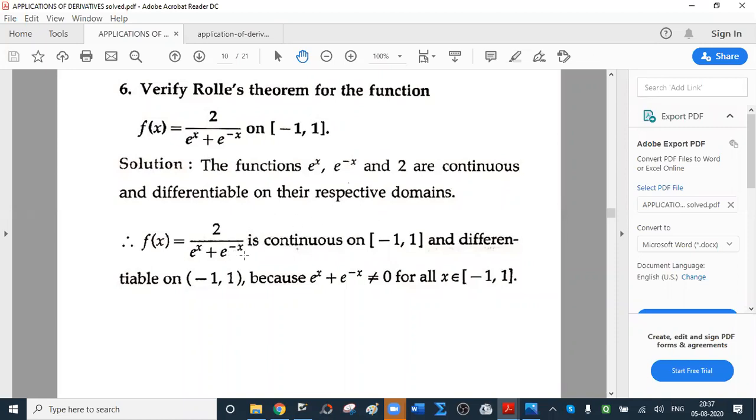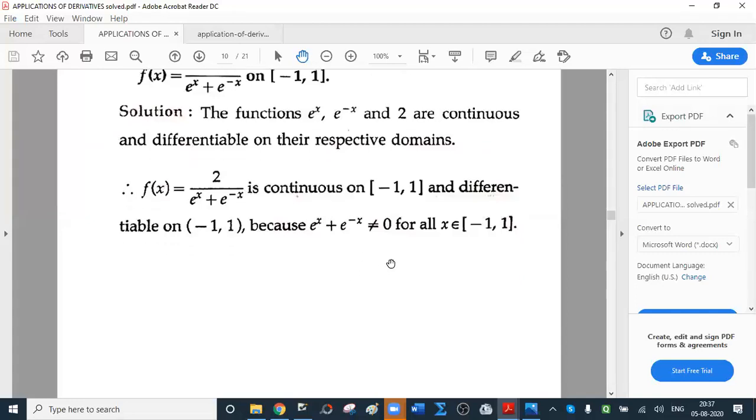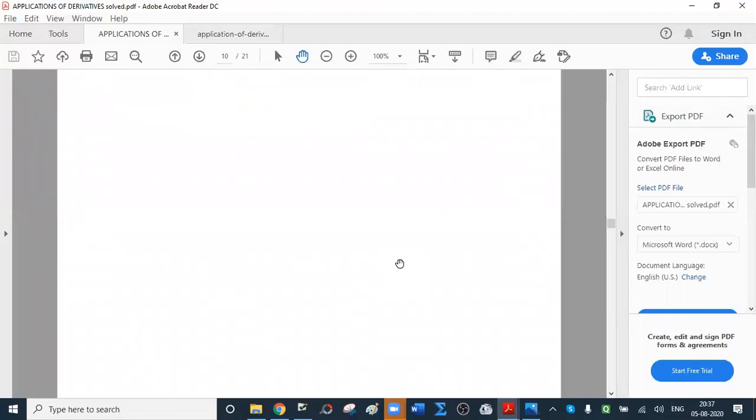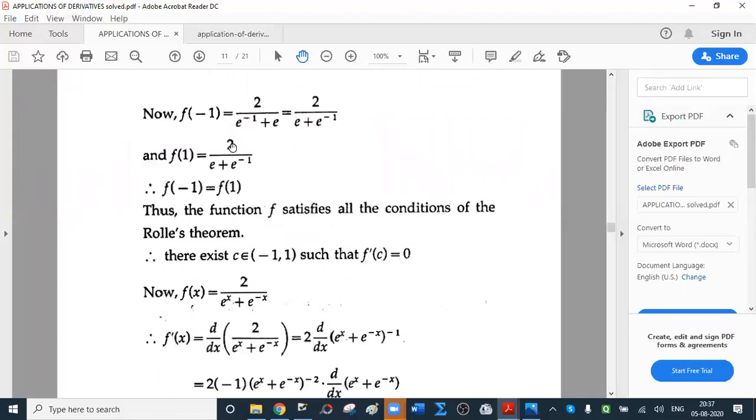So this function is definitely continuous on the closed interval minus 1, 1 and differentiable on the open interval minus 1, 1. Now, next part. What is f of minus 1? It is 2 upon e raised to minus 1 plus e raised to 1, that is 2 upon e plus e raised to minus 1.